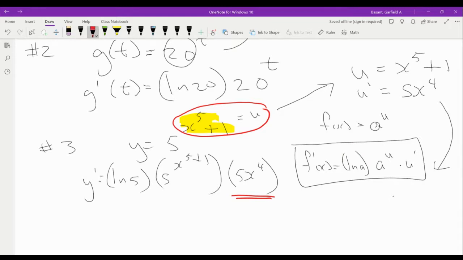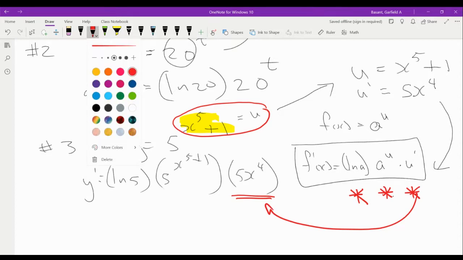The formula says we have to first multiply by the ln of the base, then times the function itself, and at the very end, if it's a u, we have to multiply it by the derivative of u. So this is our derivative of u, right?